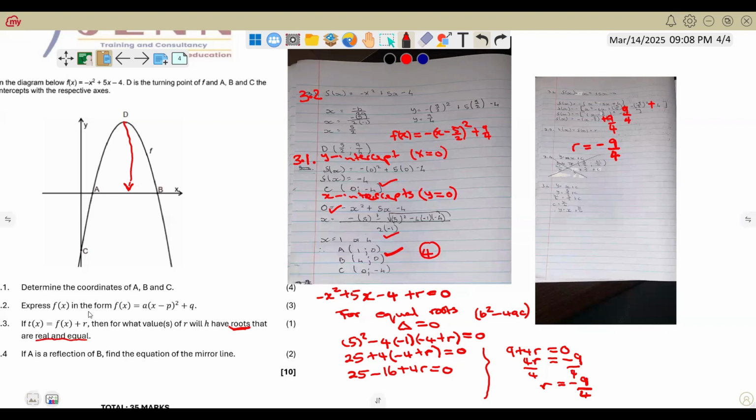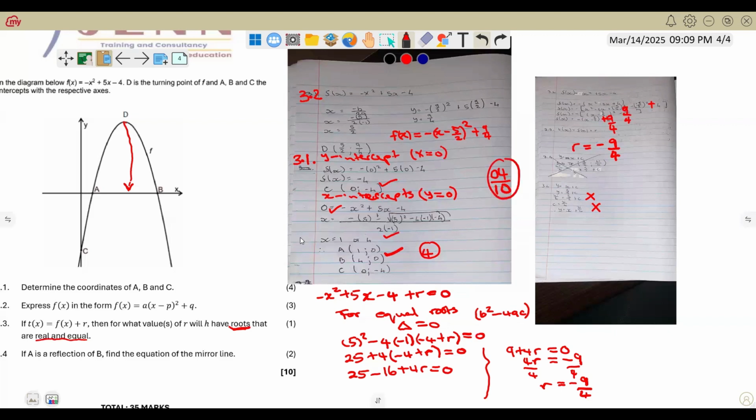Then, can you please read the last one? If A is a reflection of B, find the coordinates of the mirror line. What are A and B? A is 1 and 0.